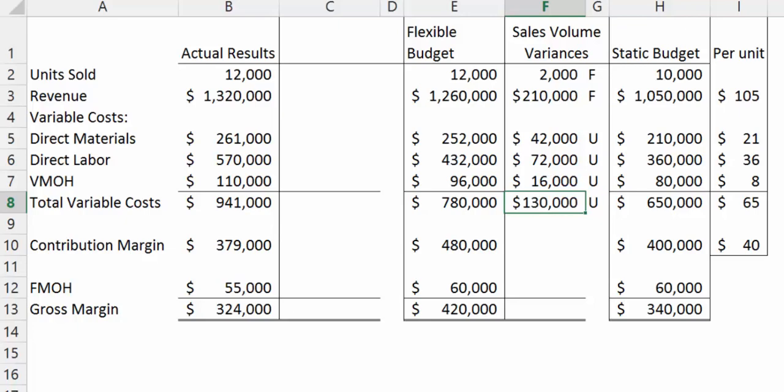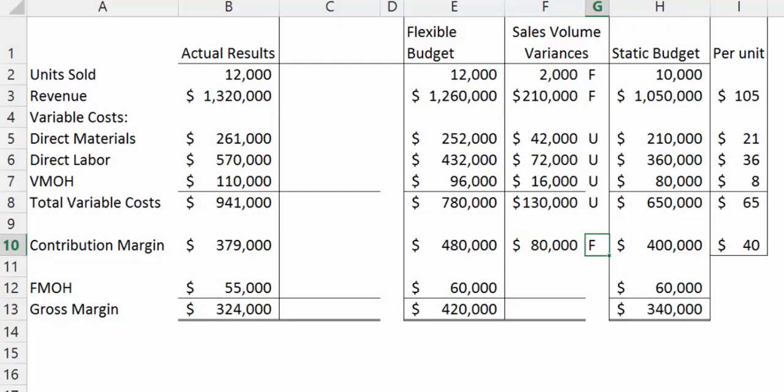The sales volume variance for total variable costs can be derived two ways, again as usual. I could have taken the total variable costs from the flex budget minus the static budget, or I could have summed each of those unfavorable variances: direct materials, direct labor, and variable manufacturing overhead. When I come down to the contribution margin, I have an $80,000 favorable variance. That makes sense.